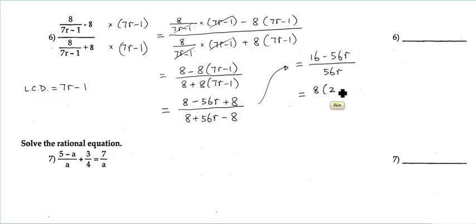So we have 2 minus 7R over 56R. And now the 8 and the 56 can be reduced. So finally, you will have 2 minus 7R over 7R.